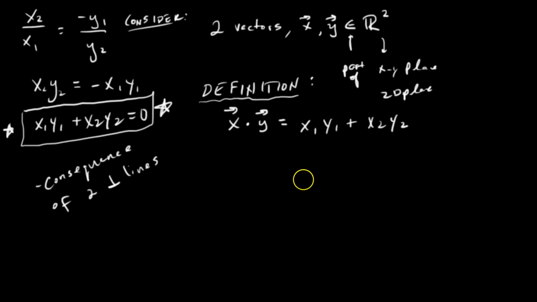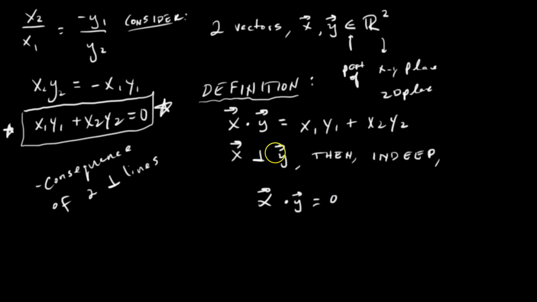So we know that when x is perpendicular to y, then indeed x dot y is 0.